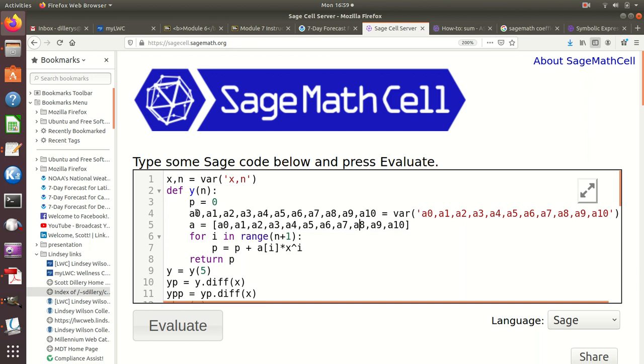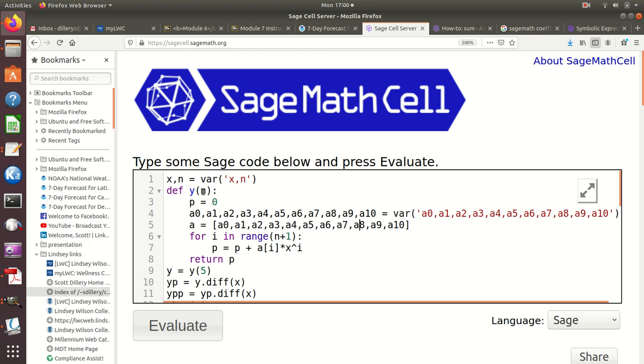So I've made these new symbolic variables called A0 through A10, and then I make an array here, a vector of them, A0 through A10. And now I make my polynomial, and I simply do it by going through I from 0 up to just 1 under whatever this range says.